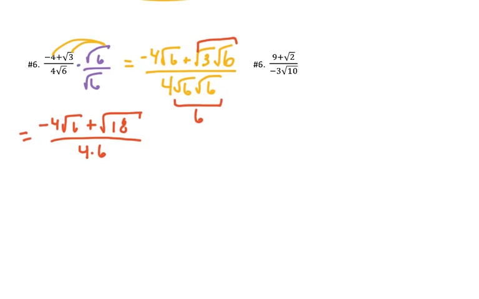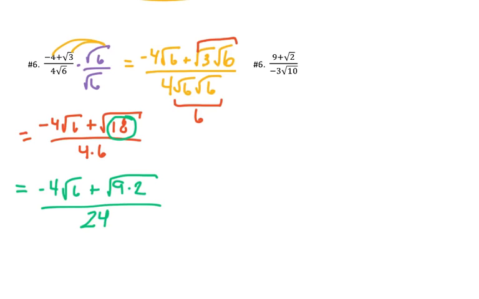Continuing to simplify, the negative 4 square roots of 6 stays the same, but if we take our time to rewrite this so that it's as simple as possible, I realize that a 9, which is a perfect square, can divide evenly into 18, and so I'm going to rewrite this as 9 times 2. And of course the denominator can actually be 24 instead of 4 times 6.